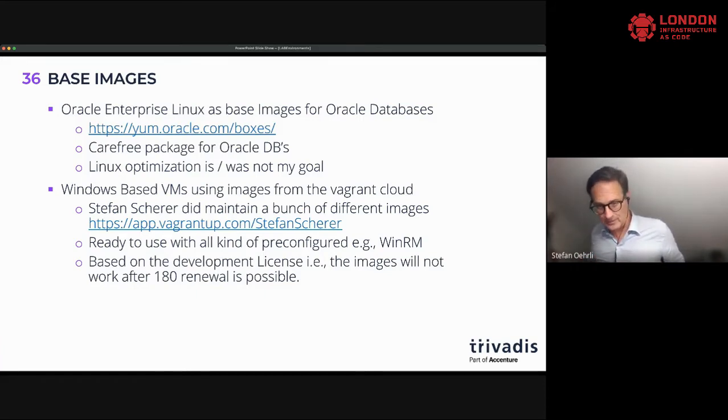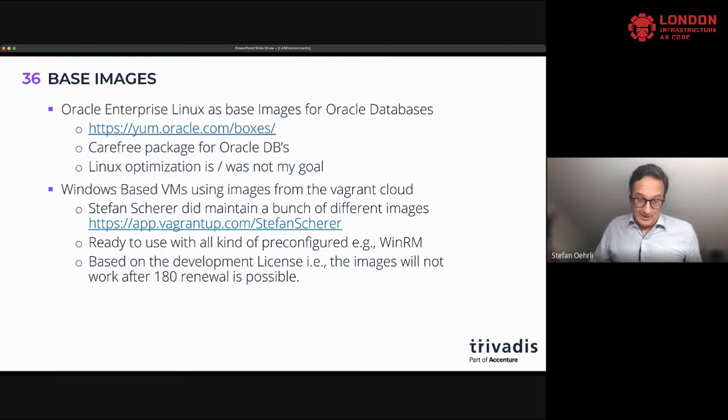There are other possibilities, other Vagrant images. You can create your own Vagrant image as well. But for my use case, I just take the plain one which is available, and on top of it, I can customize the Linux in a way that it works for my dedicated use case. As I said, my goal was not to have an optimized Linux setup and configuration.